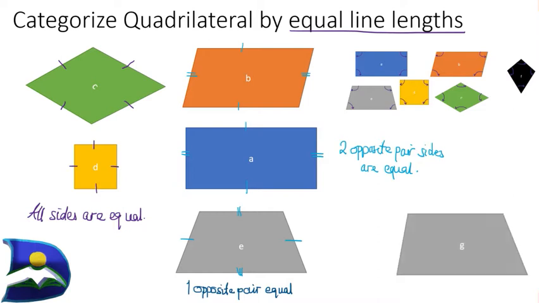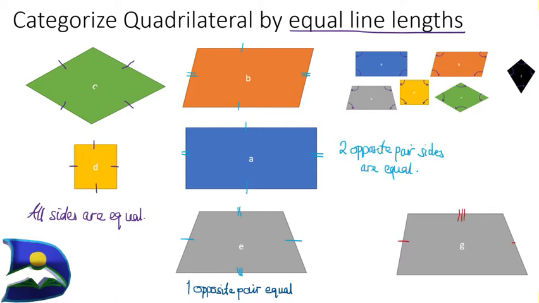And finally, G, which is a gray shape, associated with the E shape gray, shows that by just looking at it, without getting a ruler, all 4 sides aren't equal to each other.